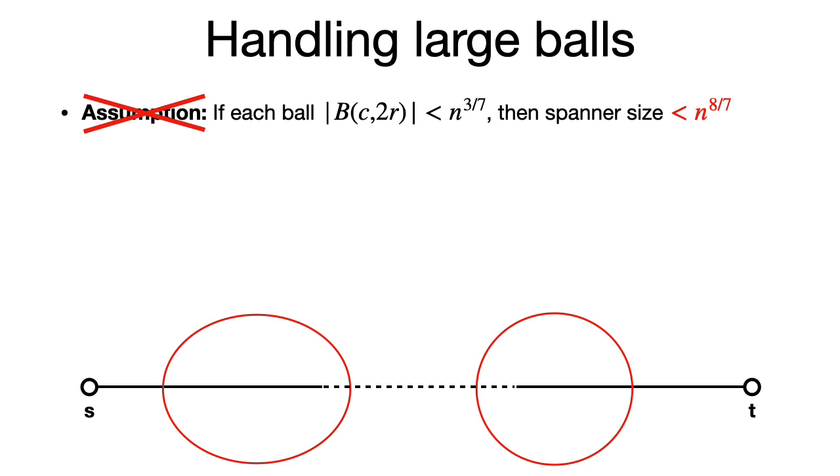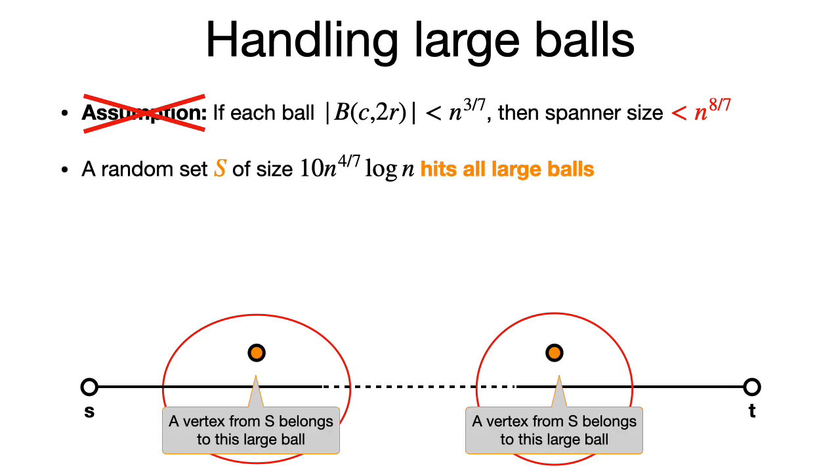Now, what if there are large balls? To handle large balls, take a random vertex set of size n to the 4/7, which hits all large balls with high probability. In this picture, let us take 2 large balls on the shortest path, which are the leftmost and the rightmost. Then, there are random pivot vertices in both balls.